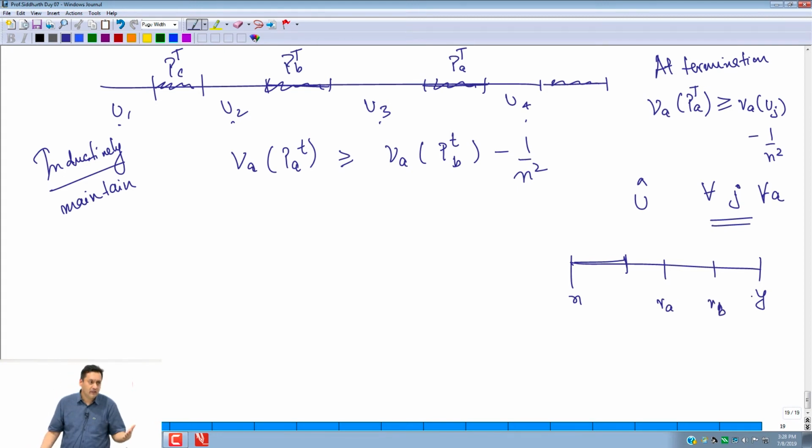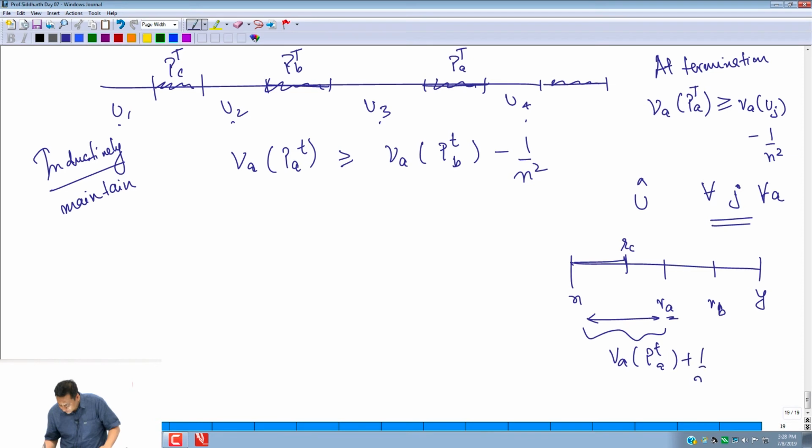Every other guy, the mark was to the right. Again, ties are broken arbitrarily, but this means that say C was the person who called out the moving knife. For A, this interval was of value VA(PT of A) plus 1 over n square. But this is a subinterval of XRA, right? You have given a smaller chunk to the guy who has claimed the smallest piece possible.